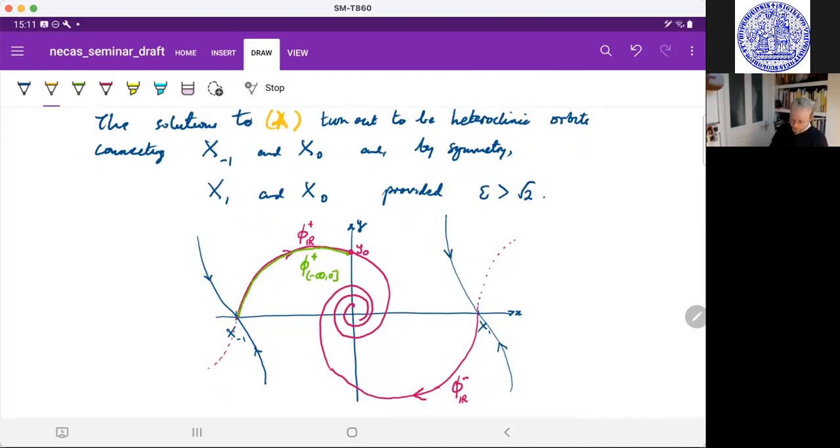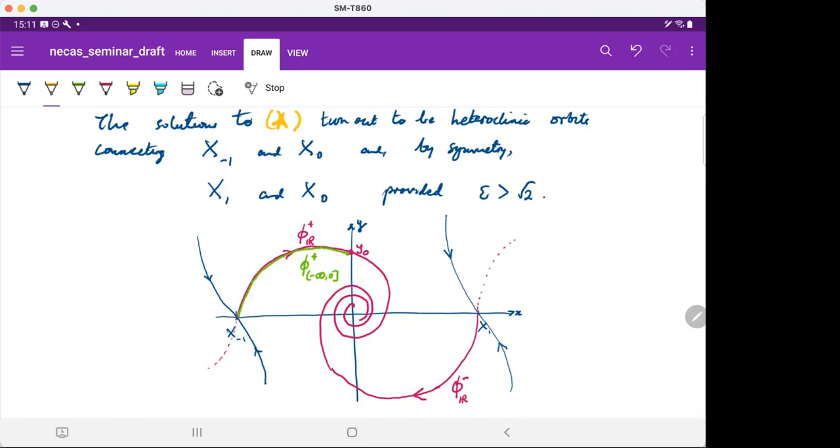I guess, okay, so what's important to note about this curve, if I just focus to start with on phi plus r, which is the uppermost red curve, in order to satisfy one of the boundary conditions, which was that little x0 equals 0, you have to ensure that this heteroclinic crosses the y-axis. Otherwise, you can't ever hit x0 equals 0 in finite time.